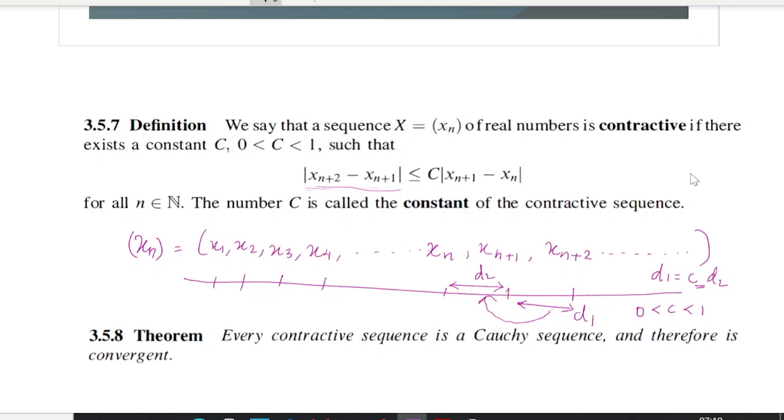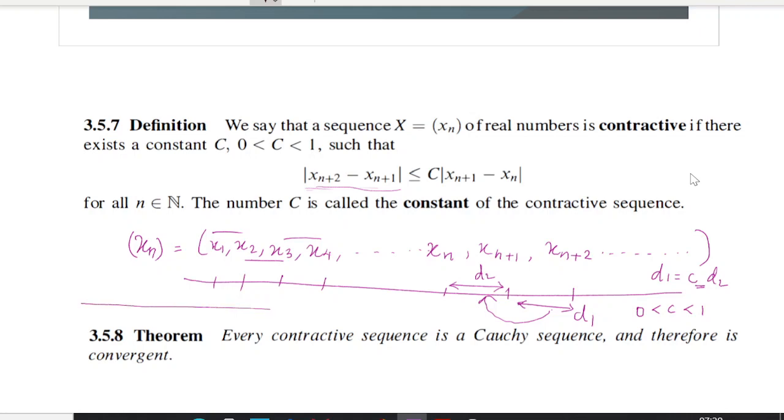So x3 minus x2 should be half of x2 minus x1. Now if I find x4 minus x3, it should be half of that distance.